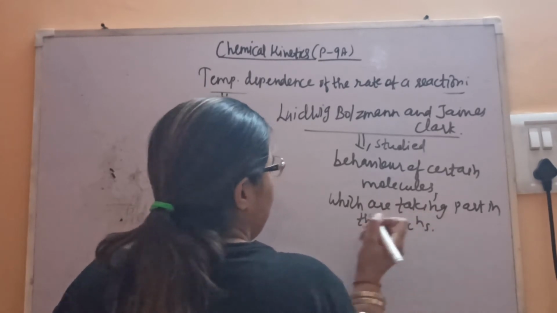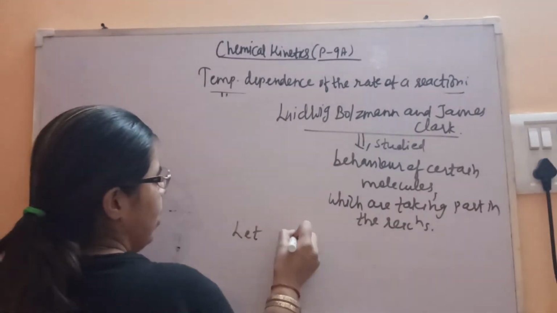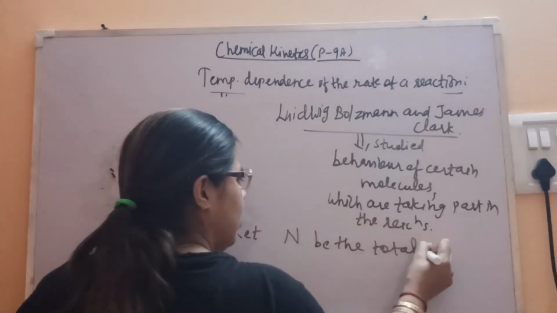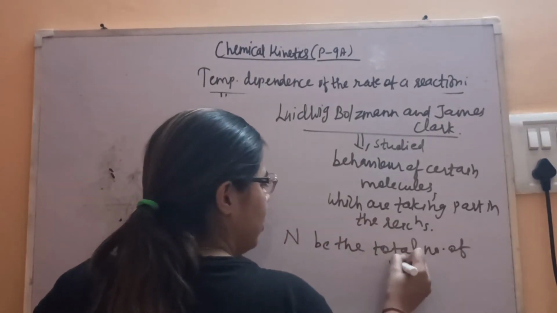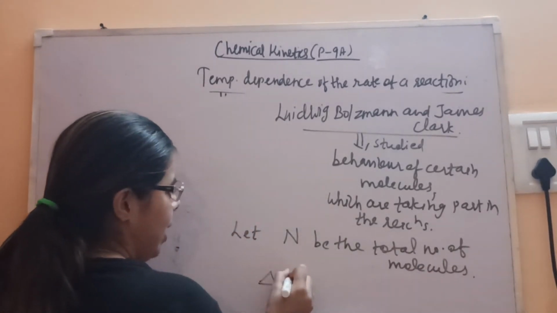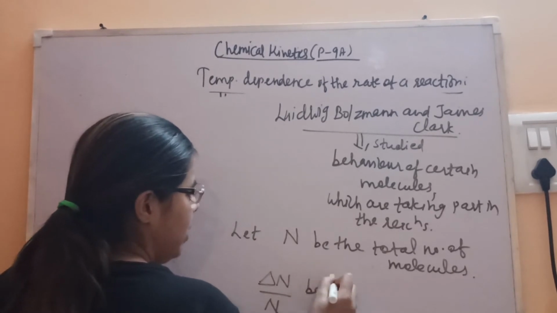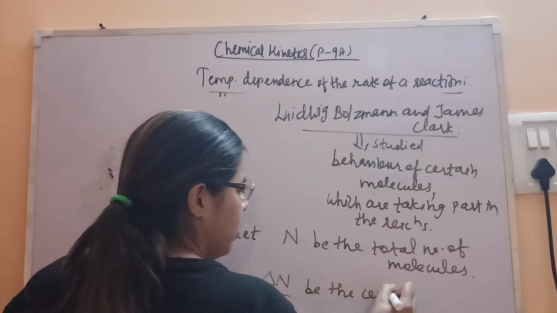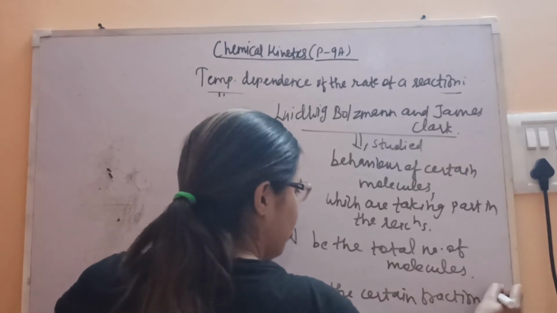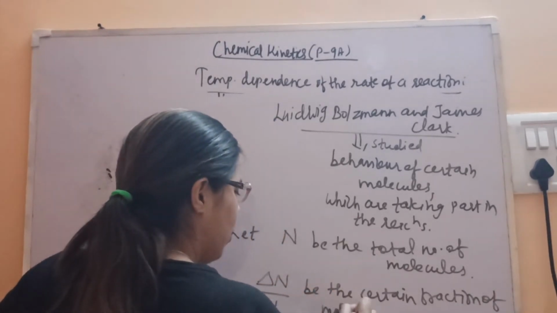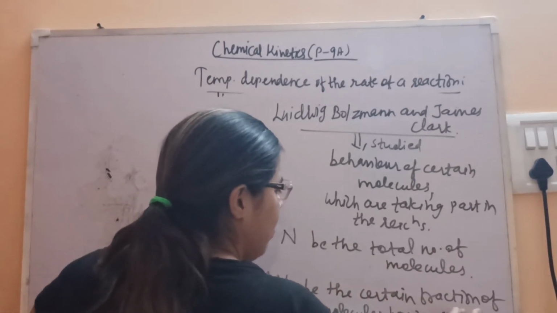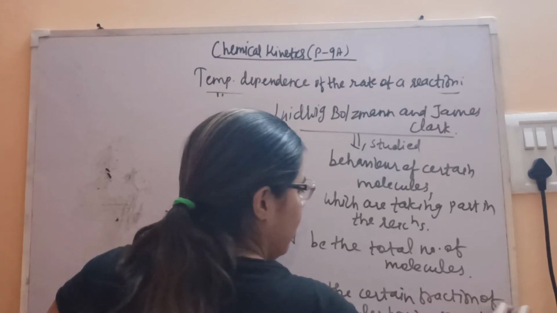Okay. So let's say, let N be the total number of molecules taking part in the reaction, and then delta N by N, this be a certain fraction, out of that only, fraction of molecules having same KE.